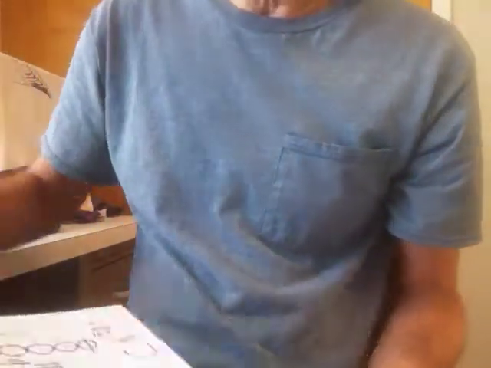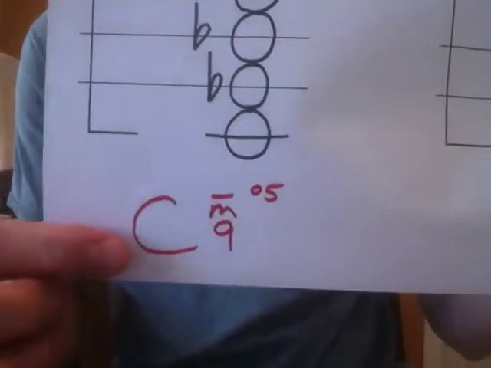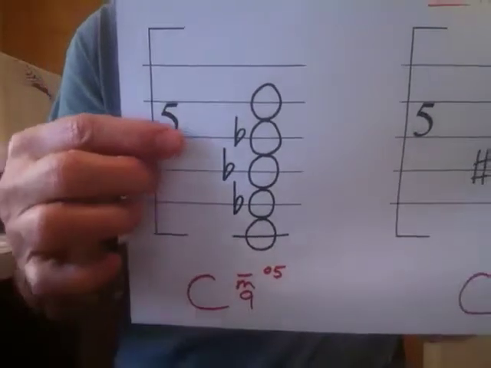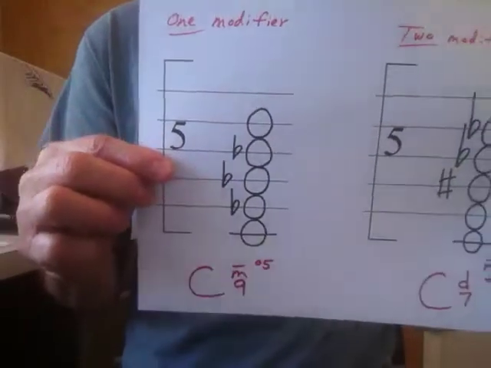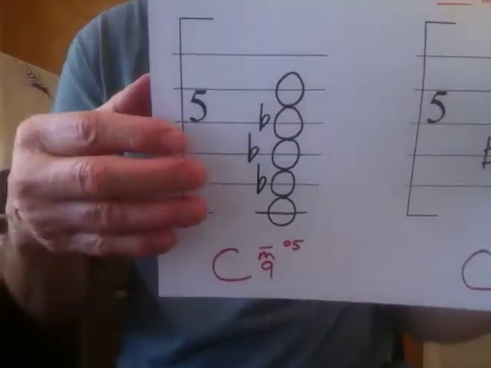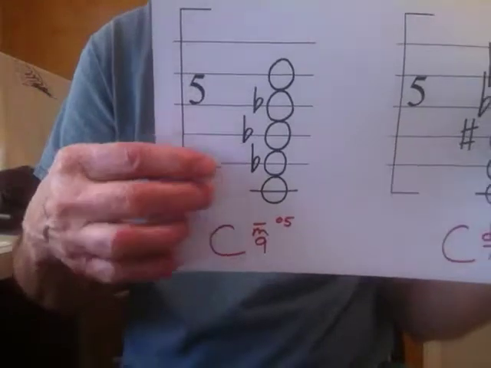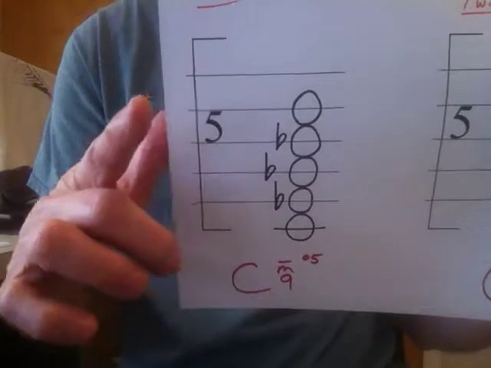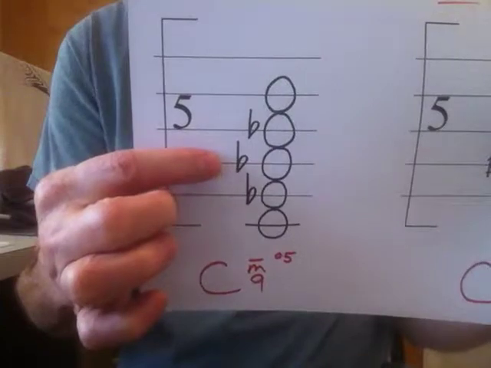Now, one thing I wanted to tell you that I don't think I mentioned: let's say we have that C minor 9th with the diminished 5th. By the way, this flat sign should be over farther, but it doesn't matter. So you see your C minor 9 bass chord because you have your minor 3rd and your minor 7th, so you know it's a minor 9th chord, and the only modification is the diminished 5.